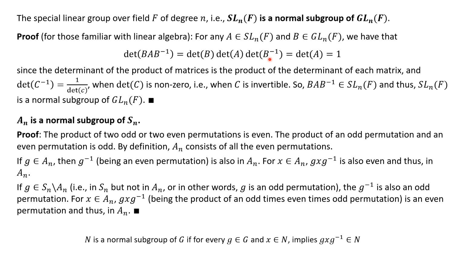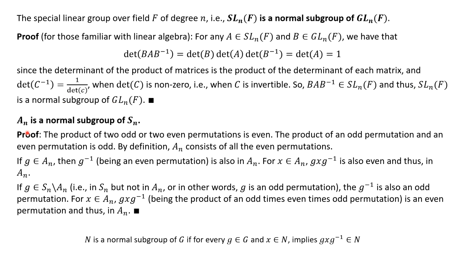So this determinant of B inverse equals 1 over the determinant of B, so they cancel out. And the determinant of A is 1 because A is in this special linear group. So the determinant of this product here is 1, and that implies that B A B inverse is in our special linear group, and thus, using this definition here, SLn, our special linear group, is a normal subgroup.